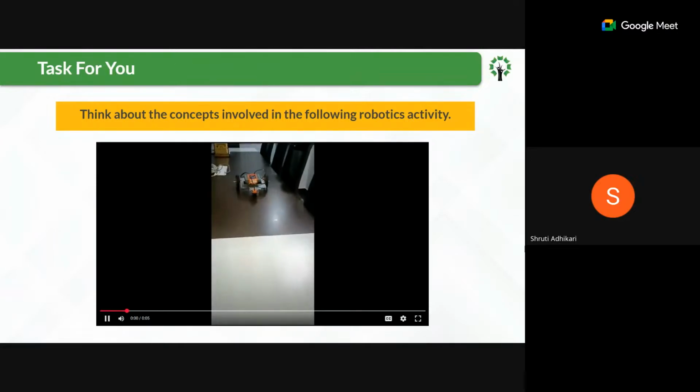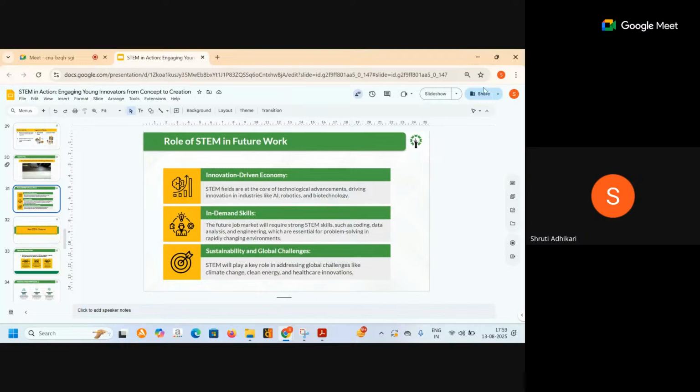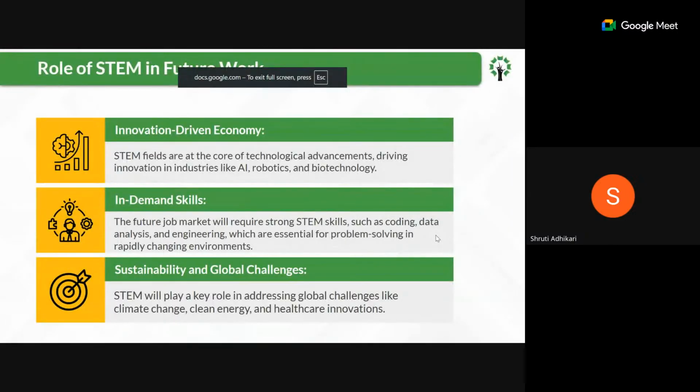So in this way, we can have multiple concepts linked to the robotic activity. When the students are performing a robotics-based activity, they can learn a lot of concepts and understand the practical application of each concept, right?